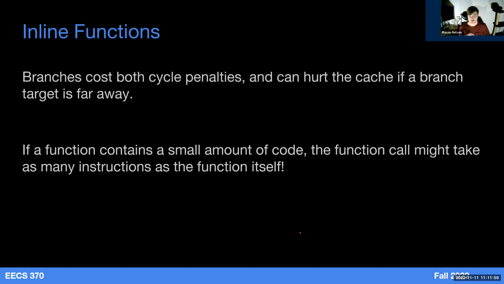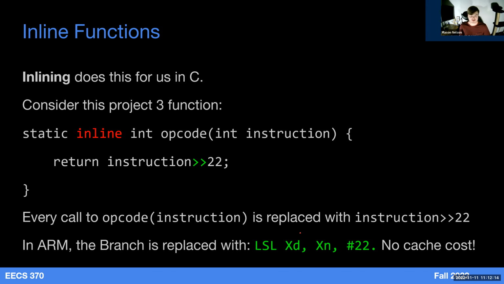Also, if we have really small functions, then the actual function might take fewer, or a similar number of, instructions to the jump itself. For example, take a function from project 3 that gives us the opcode. We know that that's just right shifting the instruction by 22 bits.